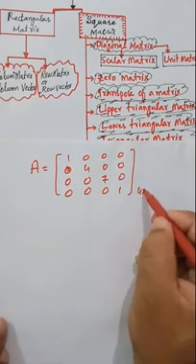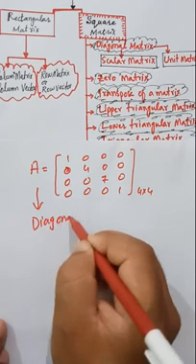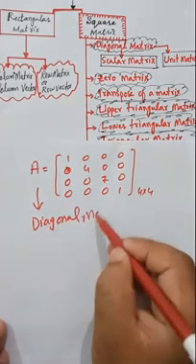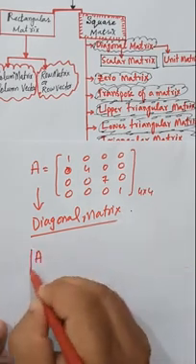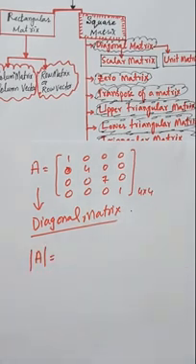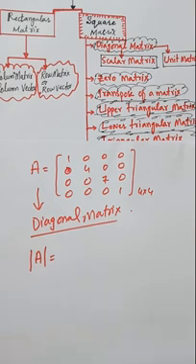Clearly you see this is a diagonal matrix. So diagonal matrix is an important point for the exam. Now you know the determinant is denoted by these bars. So the bars around A denote the determinant. Now how can you find the determinant of this matrix? The order of this matrix is 4 by 4.